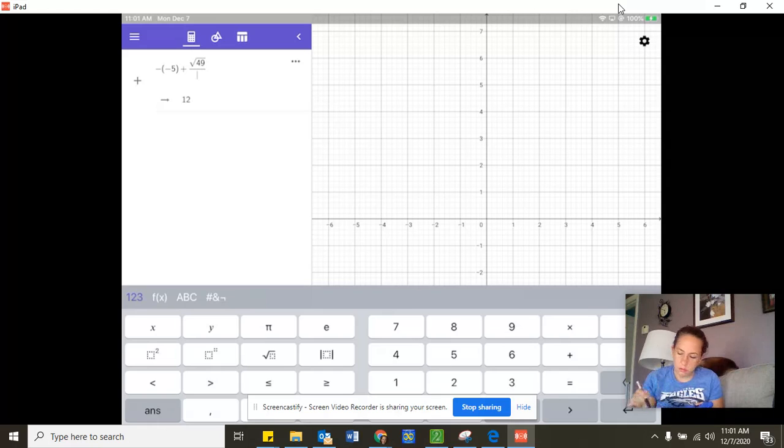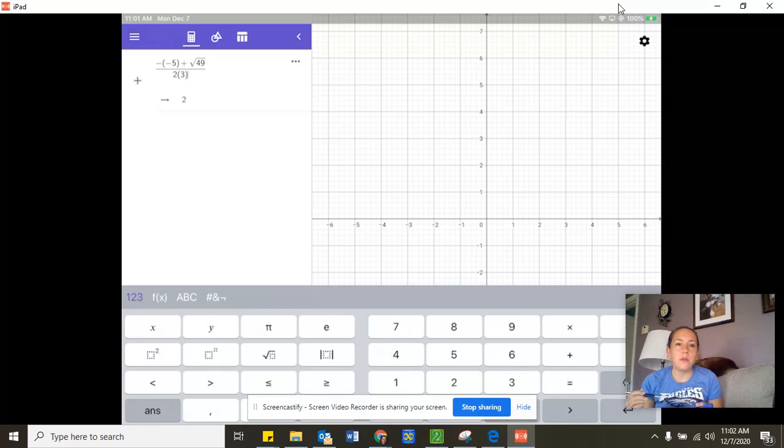Okay, hold on. I guess let's just go ahead and do the divided by first. There we go. Now I've got the whole top. So on the top, I'm going to do negative 5 plus the square root of 49 over 2 times 3.